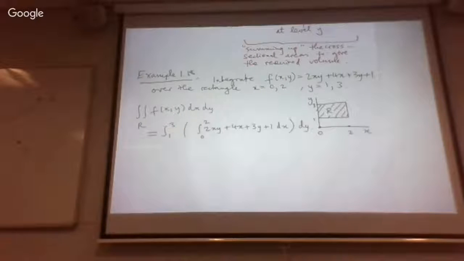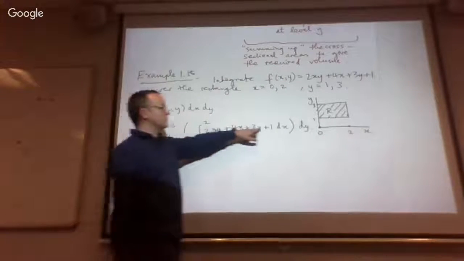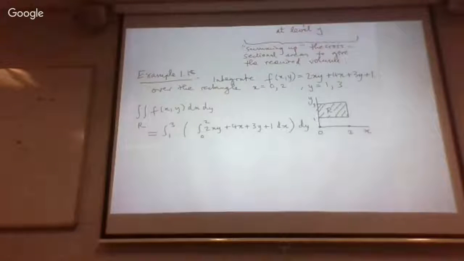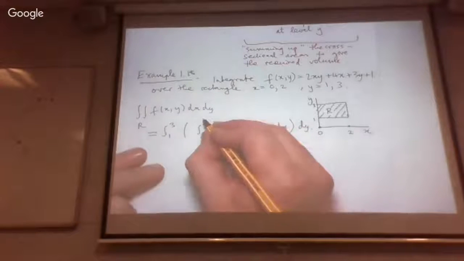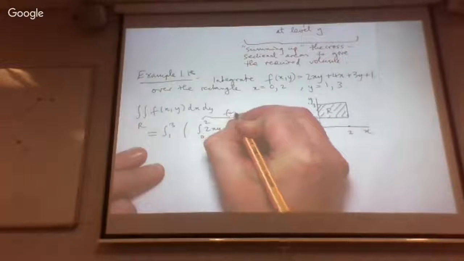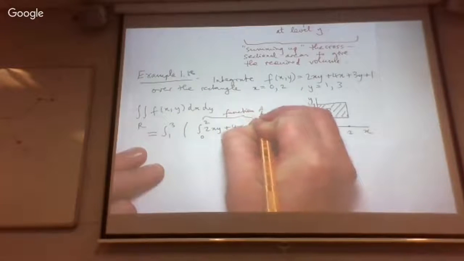Now remember, the value of doing the inner integral is the cross-sectional area of that vertical curtain through the cylinder located at the level y. So the value of this integral itself will be a function of y.